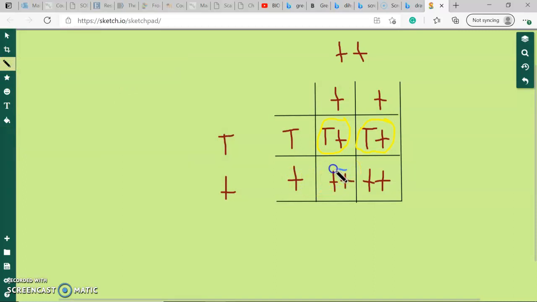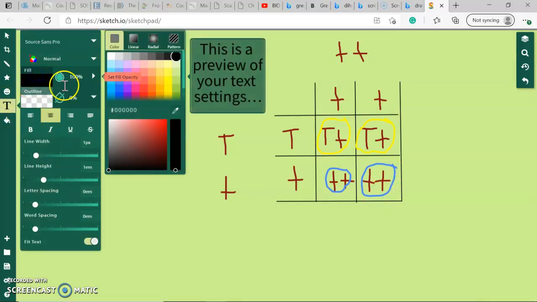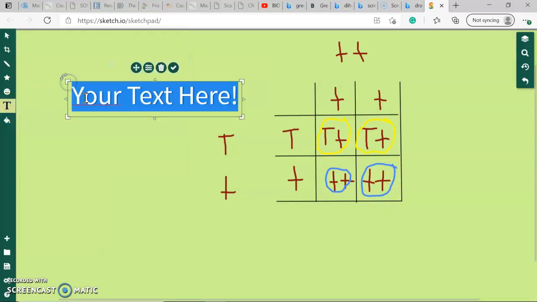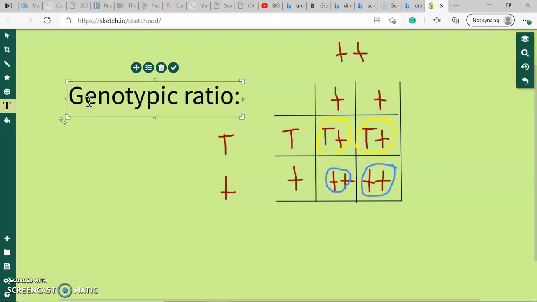Then we have one and two homozygous recessive short plants. So we can just type in here genotypic ratio, it's really big, I'm sorry, 2 to 2.